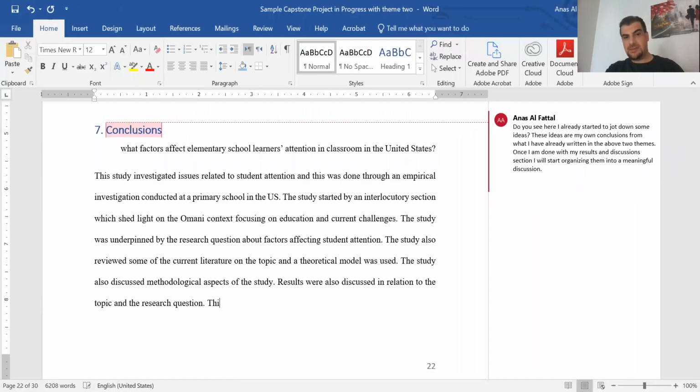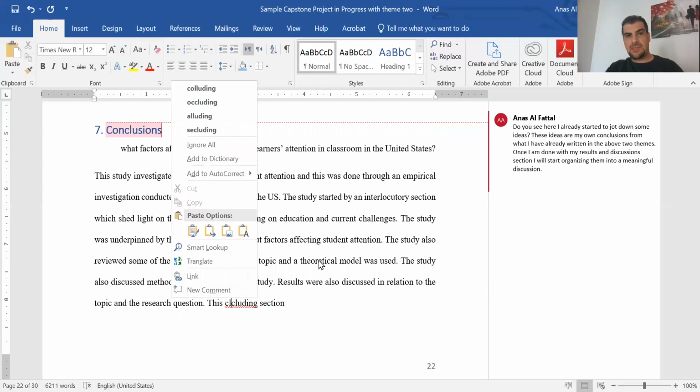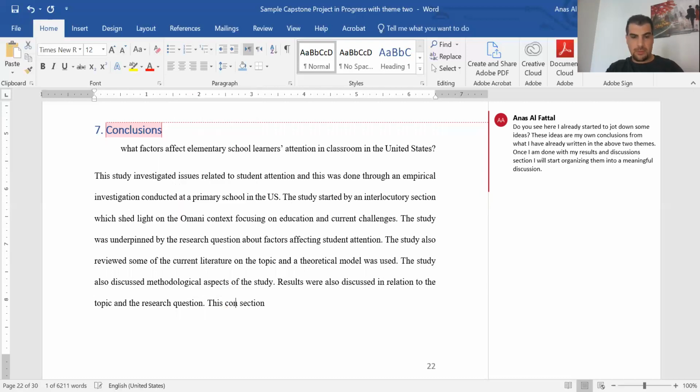I will say this concluding section. What does it do? Okay, I tell you what it does. This concluding section provides a summary of key findings.